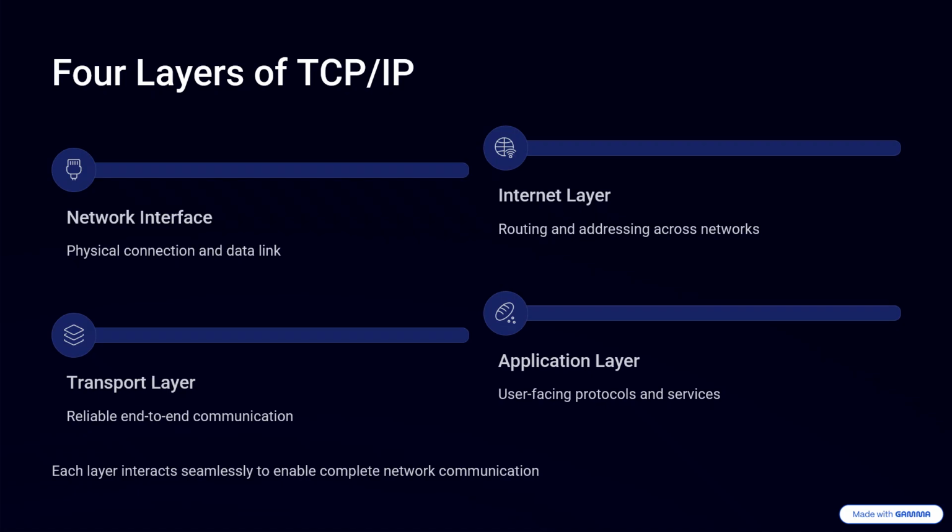The transport layer manages reliable communication between the devices. It ensures data arrives correctly and in order. Finally, the application layer interacts directly with users, supporting services like web browsing and email. These layers work together seamlessly, breaking down complex communication into manageable steps.